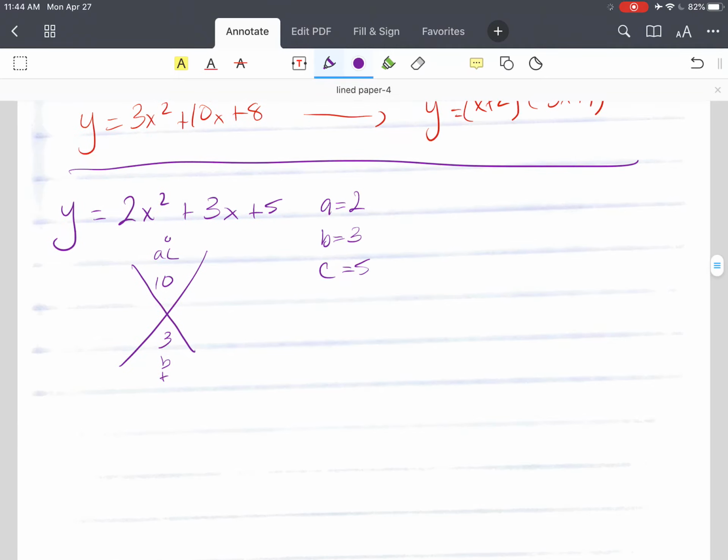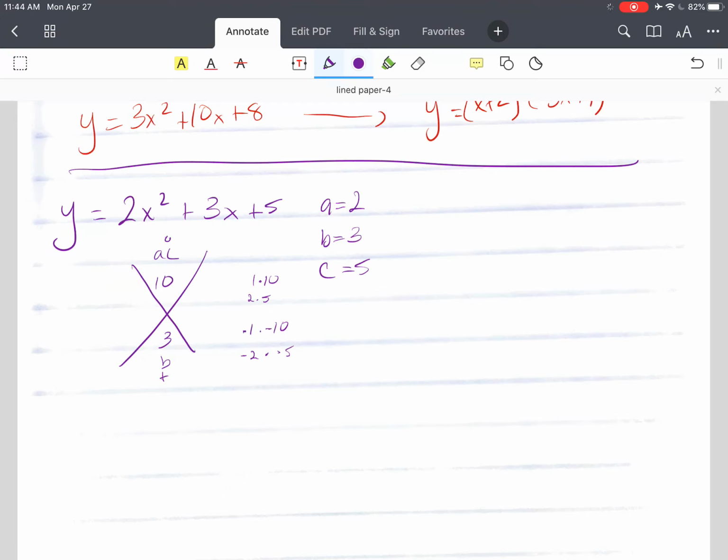Well, if you can't figure out those two numbers, let's make a list of numbers that multiply to 10. So I'll start off with the easiest one. 1 times 10. And then 2 times 5. Is there anything else? No. I mean, you can technically use negative numbers, right? There's nothing wrong. You can use a -1 and a -10.